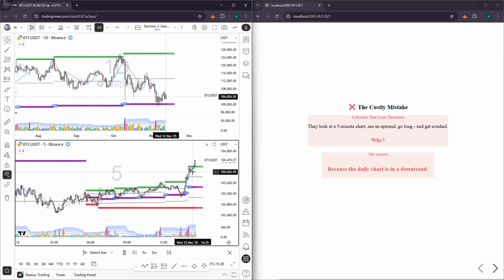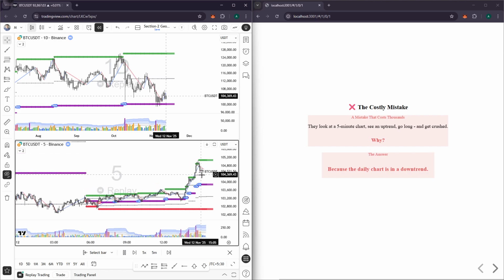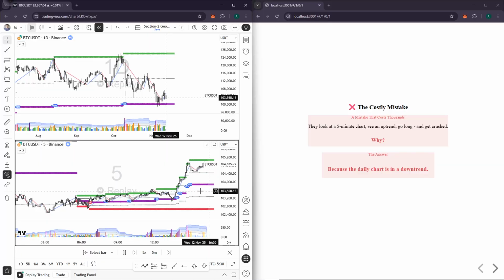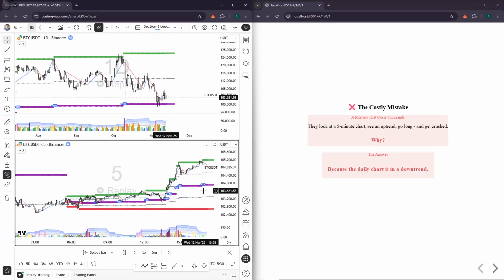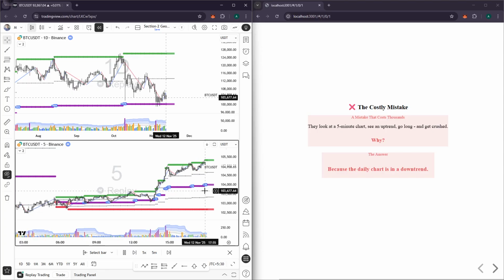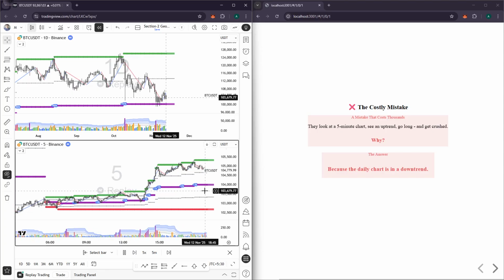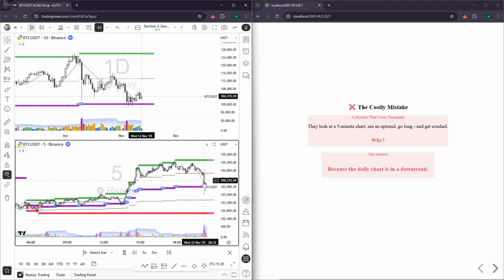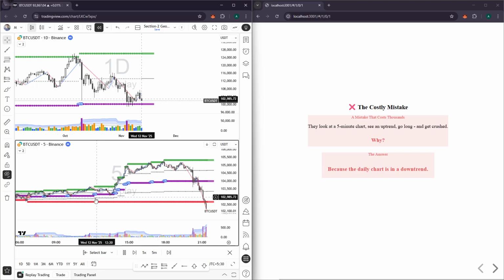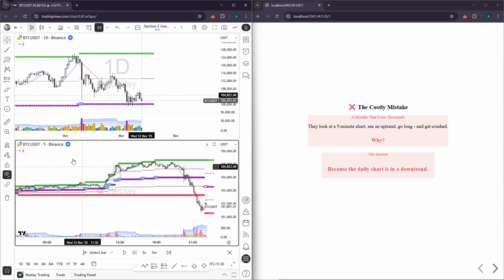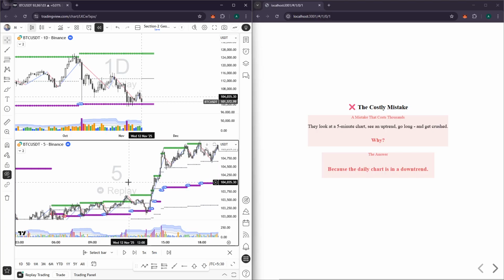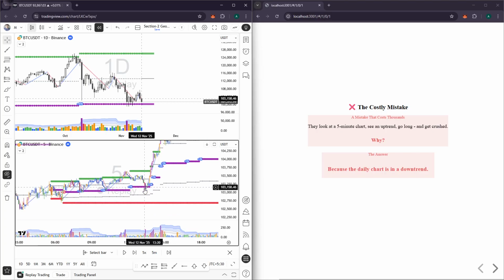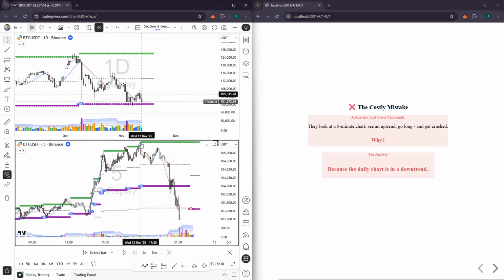As I just let it run, you'll see this candle is trying to go up, but after it goes up, it just snaps back.